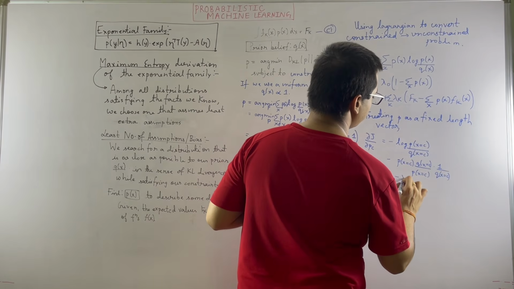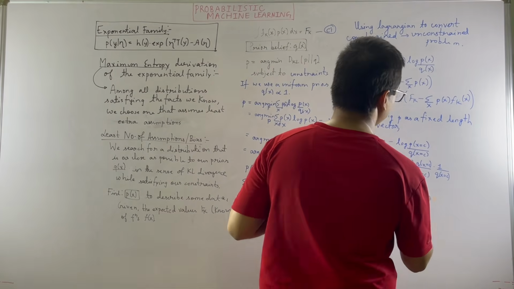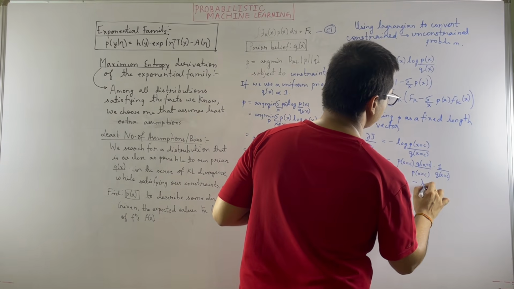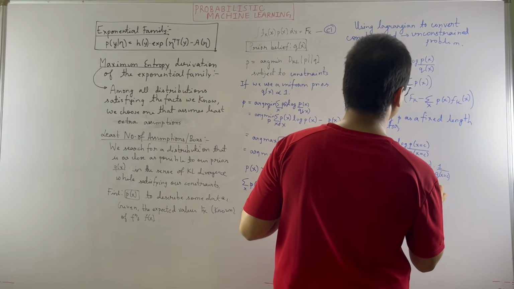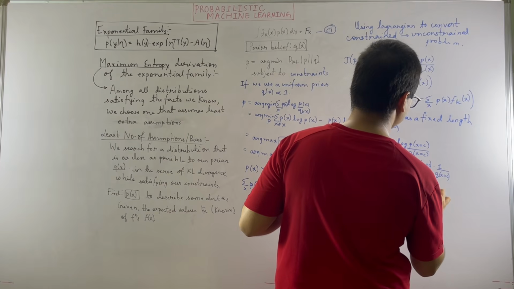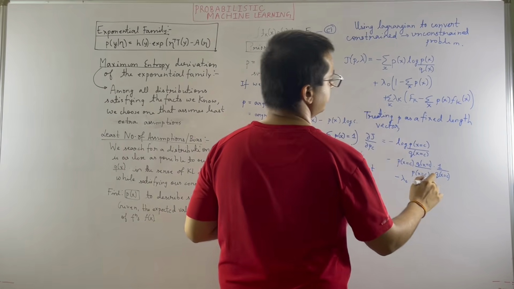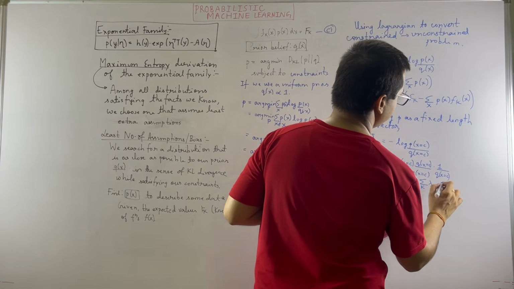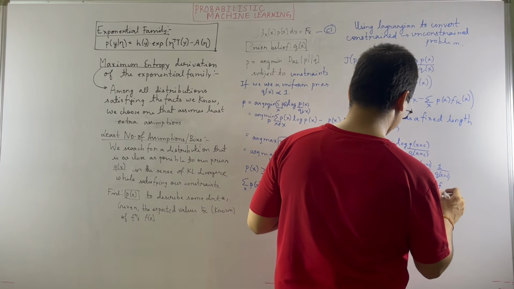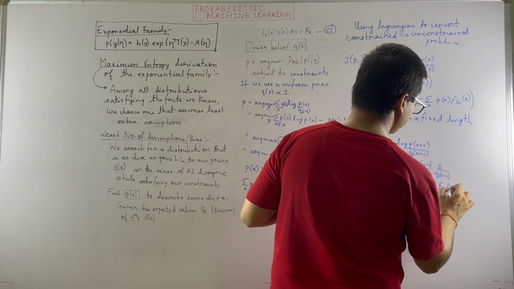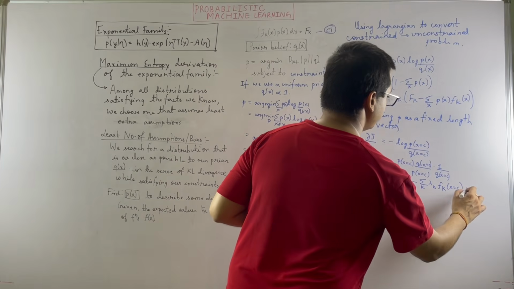Minus lambda naught, minus lambda k, summation over k, because there's again a summation inside, so we take at p(x=c), so we get f_k(x=c), and this we equate to 0.